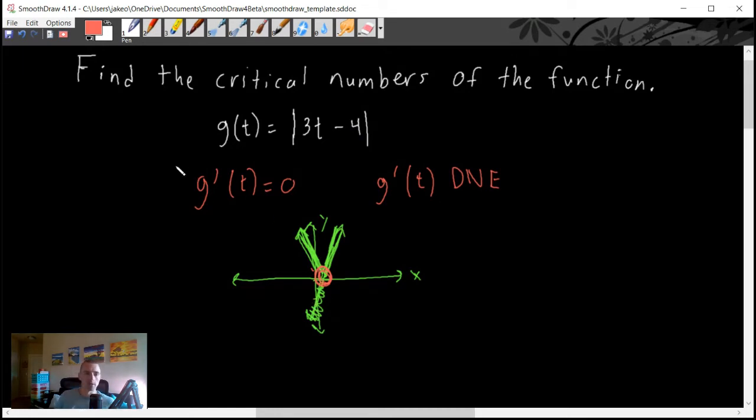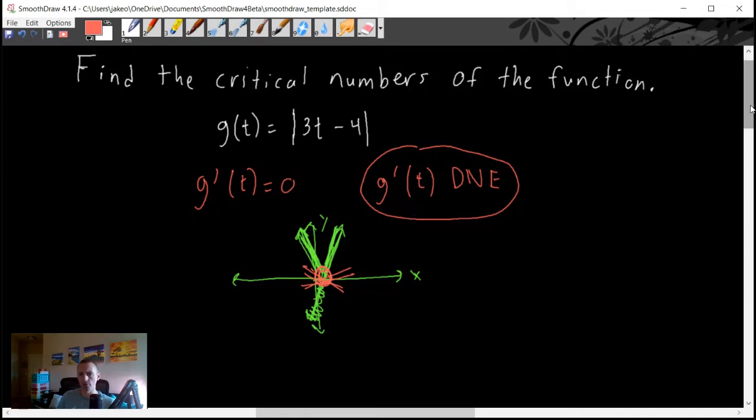The reason for that is there are infinitely many tangent lines that could intersect with that point of our function that have different slopes. So whenever you have a sharp corner like this in a function, that's generally going to be a place where the derivative of the function does not exist. So essentially this sharp corner is a place that we want to consider a critical number.